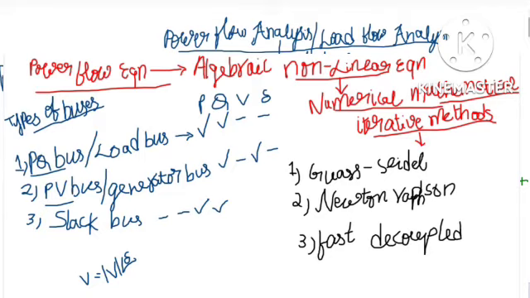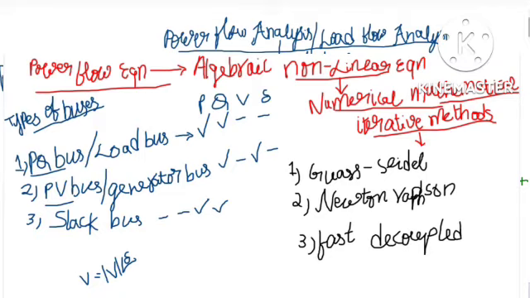And third one is the fast decoupled method. These three are the numerical, mathematical, iterative methods which we are going to discuss: Gauss-Seidel, Newton-Raphson, and fast decoupled methods.